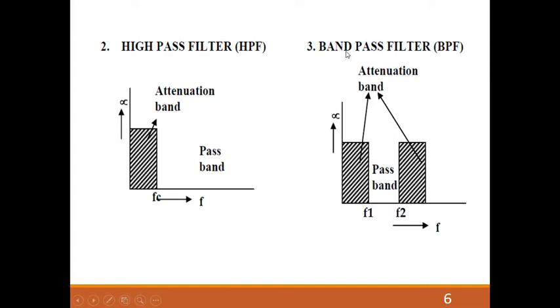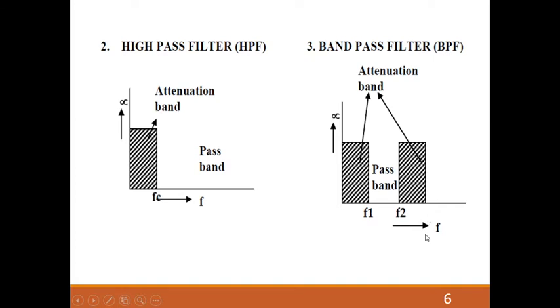Similarly, the next type is the band pass filter. The band pass filter will allow the frequencies in a specified region. It means both the lower side as well as the higher side are stopped, and certain frequencies pass to the specific applications, the specific region of frequencies mentioned here, F1 to F2.